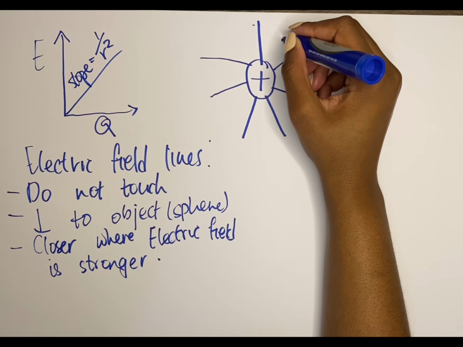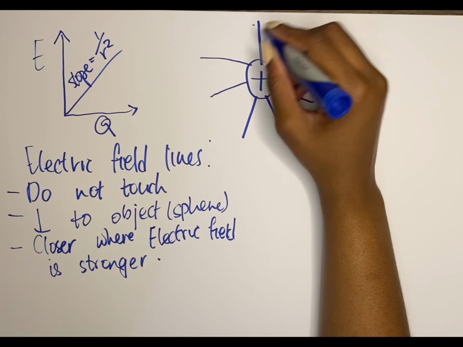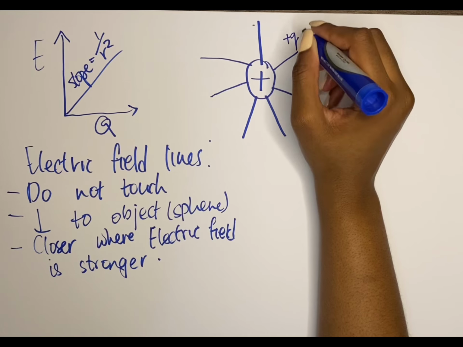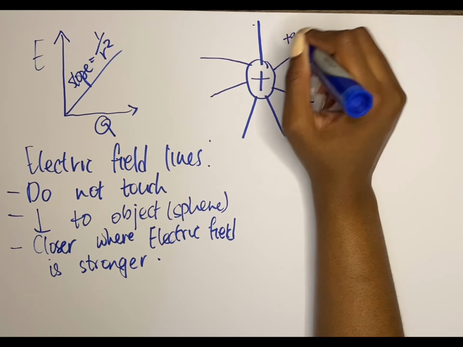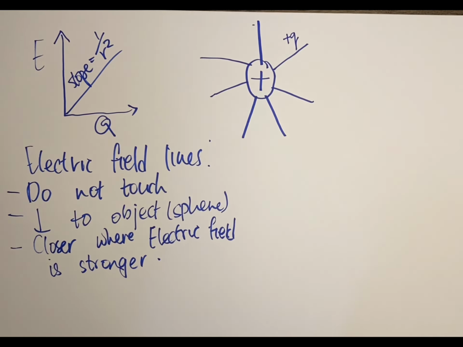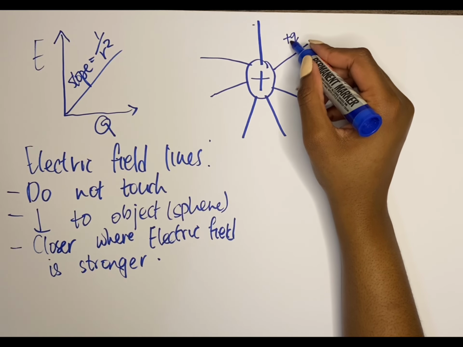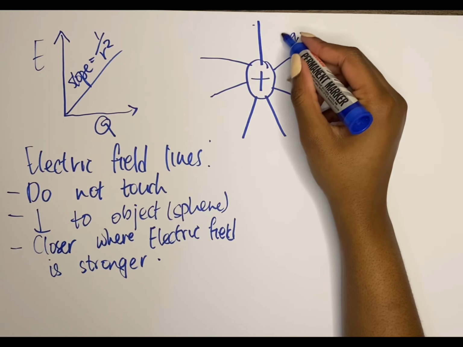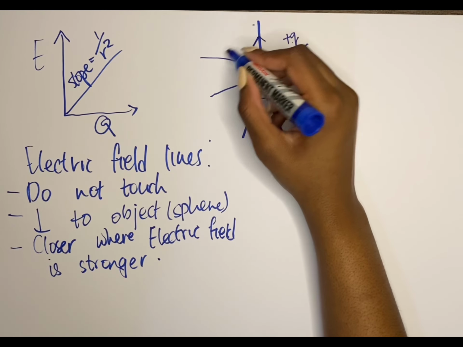If I am to place a positive test charge in this electric field, what is going to happen is it's going to get attracted to this positively charged sphere or repelled. So that's what determines the direction of the electric field, right? So these two, positive and positive, will repel, which means the positive test charge will move away from the object.